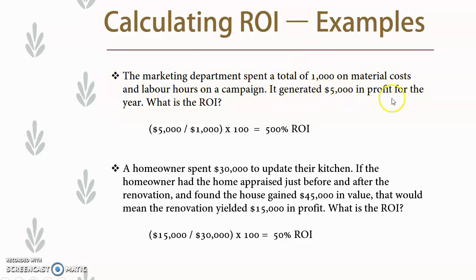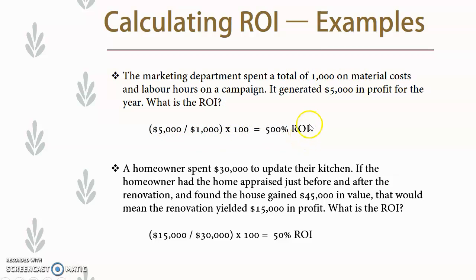So your ROI will be 5,000 divided by 1,000 times 100, which is a 500% return on investment. They initially invested this money to purchase materials and labor hours on the campaign, and they got $5,000 in profit.